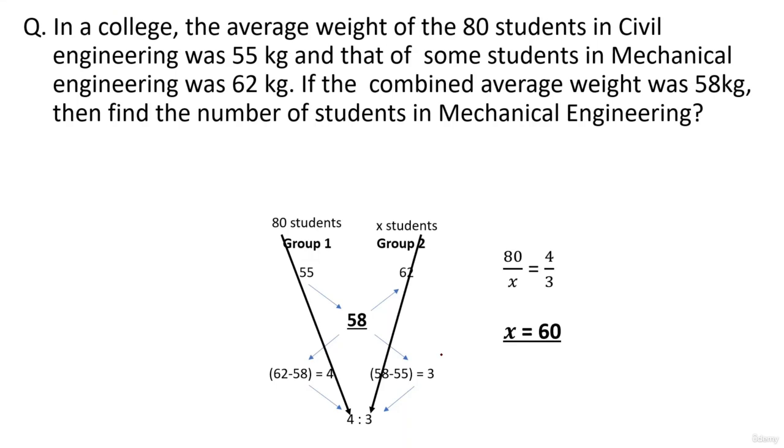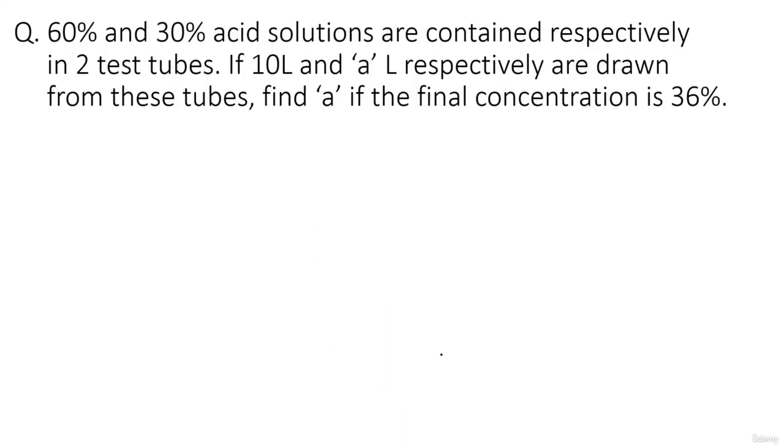Let's see the next question, guys. 60% and 30% acid solutions are contained respectively in two test tubes. If 10 liters and 8 liters respectively are drawn from these tubes, find the value of A if the final concentration is 36%. Now we have been given the concentrations of the individual groups and the weighted average: 60, 30 and 36.